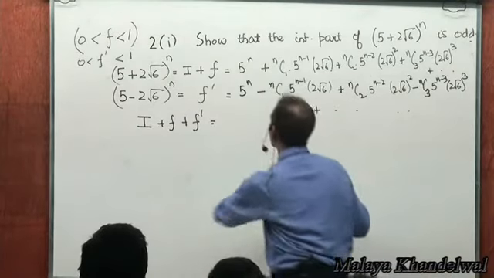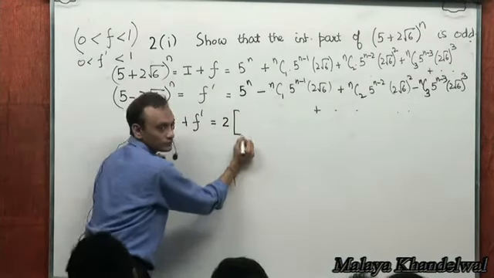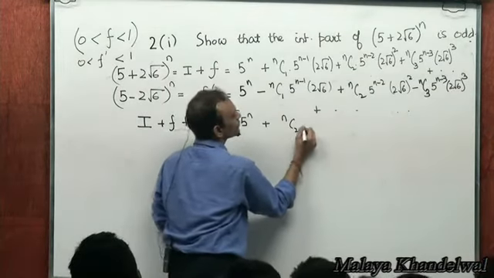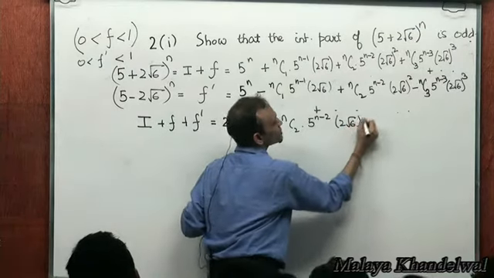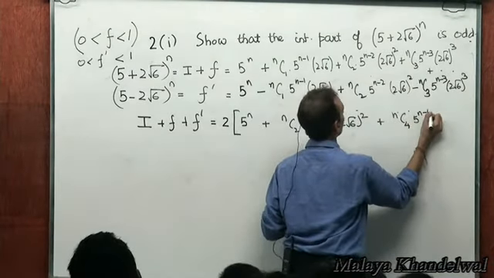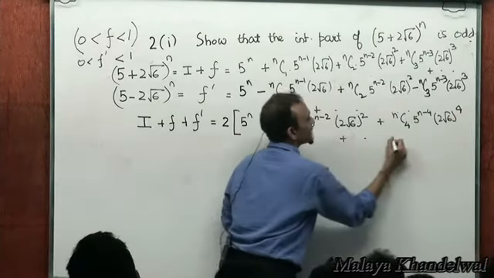So now the right hand side is twice [5 to power n plus nC2 5 to power n minus 2 (2 root 6) whole squared plus nC4 5 to power n minus 4 (2 root 6) whole to power 4, etc.]